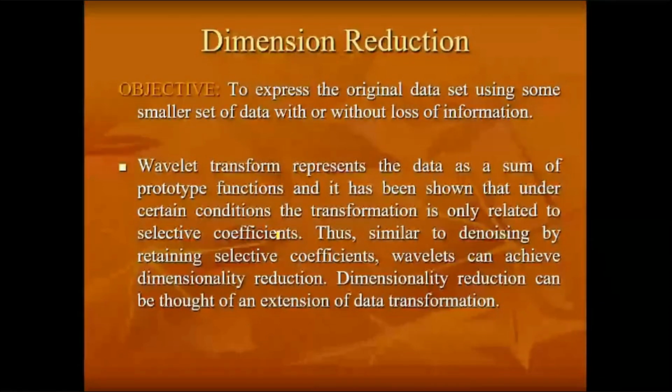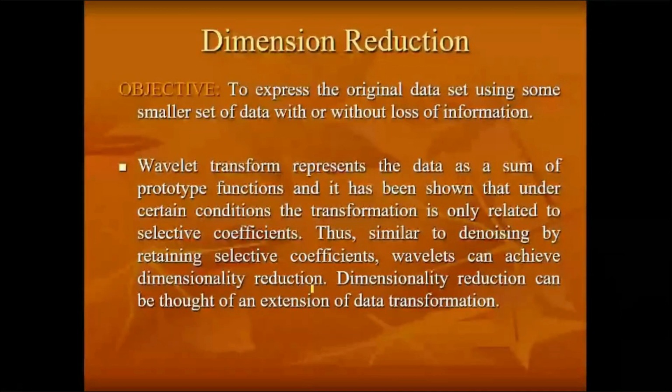When we are finding out the coefficients, we have to check the best features. Here it is mentioned only related selected coefficients. It means the best features. Thus, similarly to denoising, retaining selective coefficients, in that process wavelets can achieve dimension reduction.